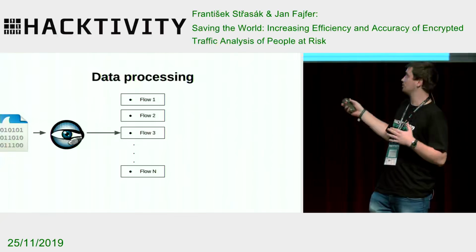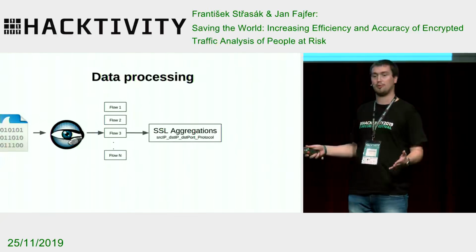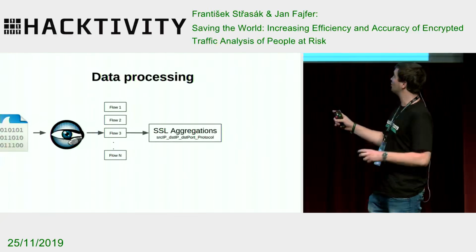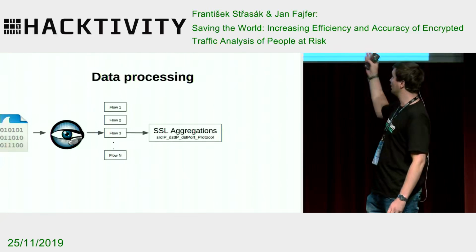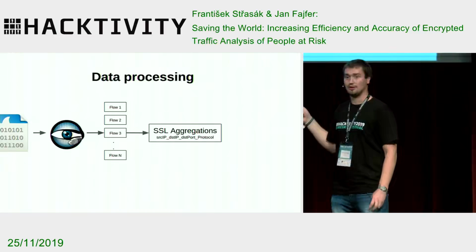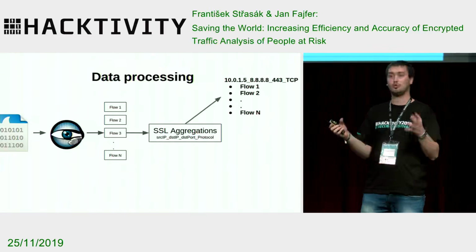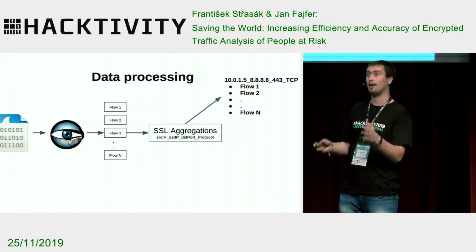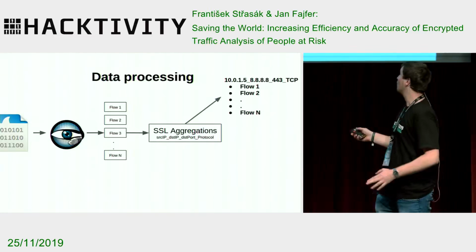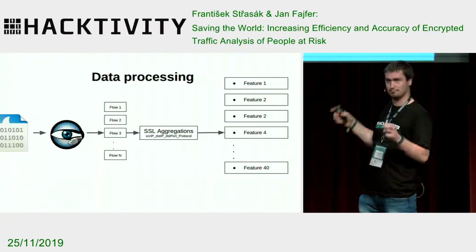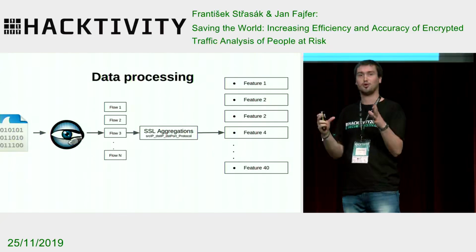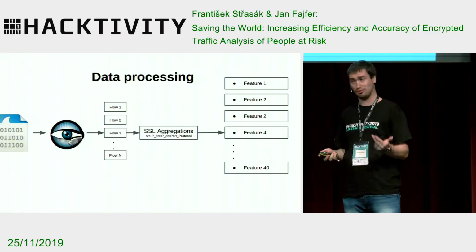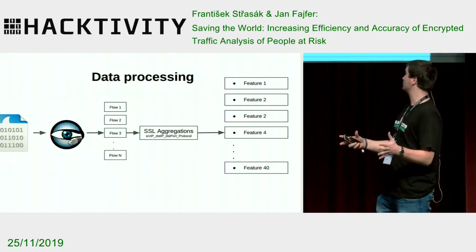For all flows with the same source IP, destination IP, destination port, and protocol, we grouped them into one object, which we call an SSL aggregation. So an SSL aggregation is an object having all the same flows. And for each SSL aggregation, we compute the features.